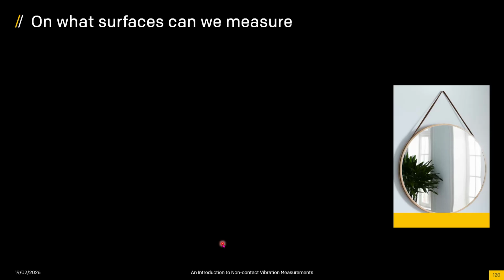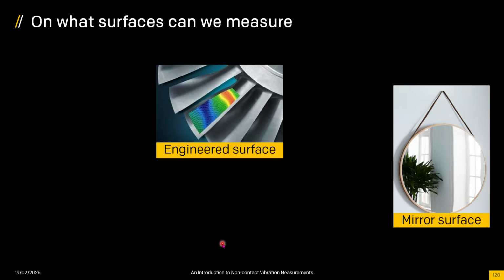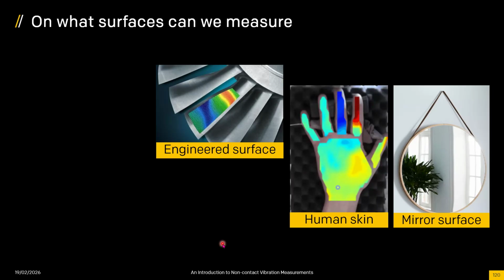Okay, so with that, some information on what kind of surfaces. We sort of went through this, so it could be what we optically call specular surfaces, mirror-like surfaces, engineered surfaces. A large size of the pie falls under the engineered surfaces. We have been getting into a lot more bio type surfaces now, skin type surfaces, too.